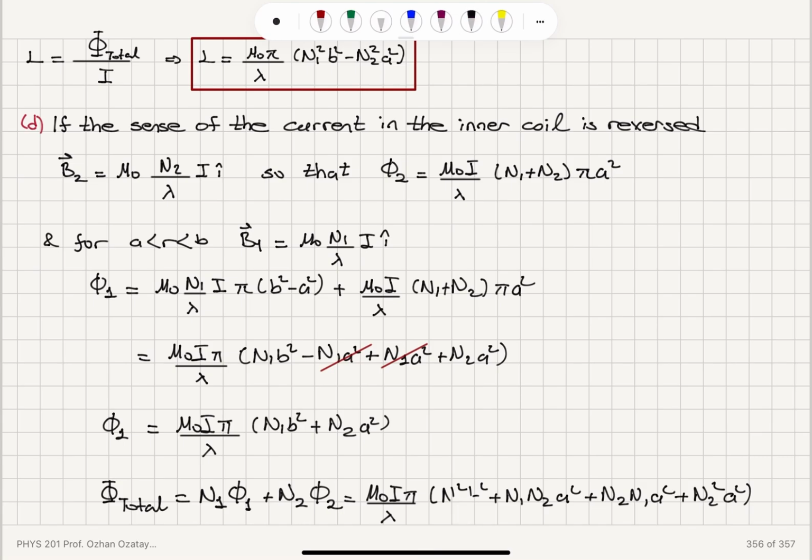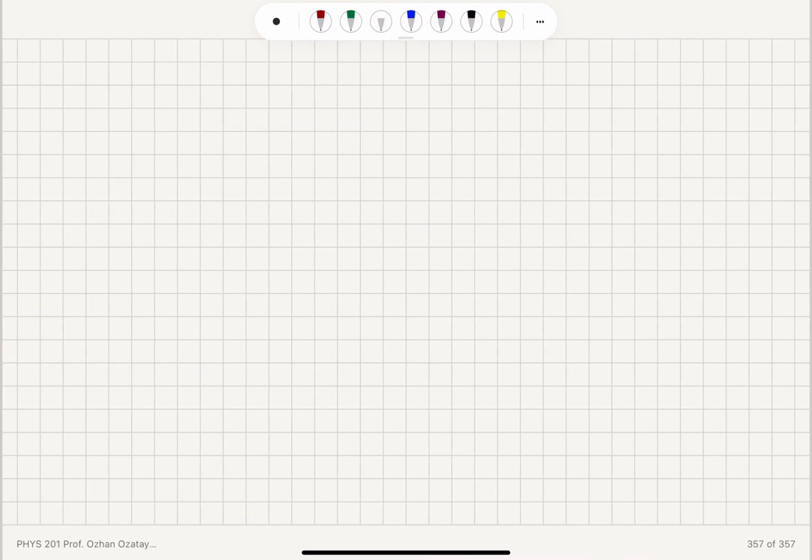So you can see I have n1 squared b squared, 2 n1 n2 a squared, and n2 squared a squared. That's the inductance times the current.